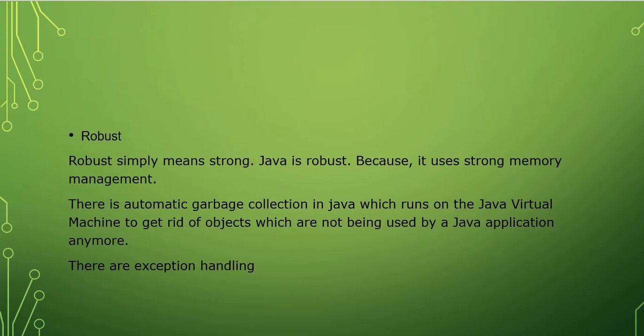Okay, automatic garbage collection means which runs on the Java virtual machine to get rid of objects. Which objects? That are not being used by a Java application anymore. So, due to this automatic garbage collection, Java has the strong memory management. We will discuss later in detail about the exception handling.